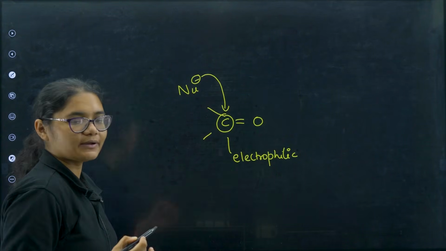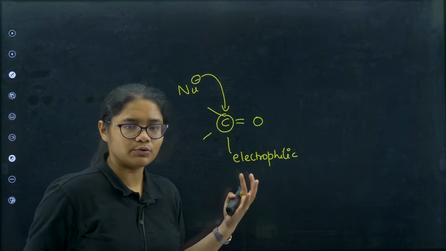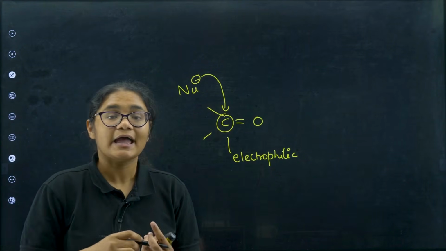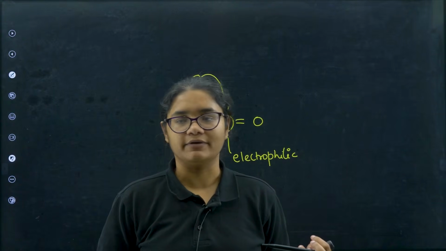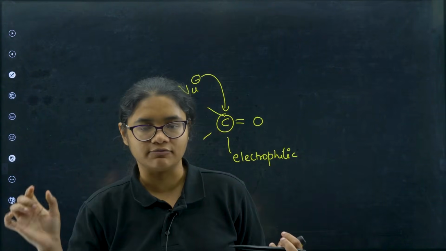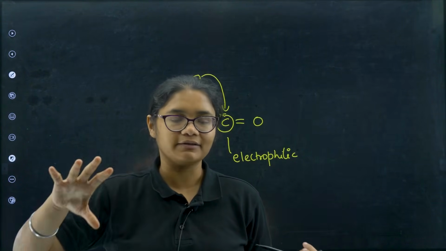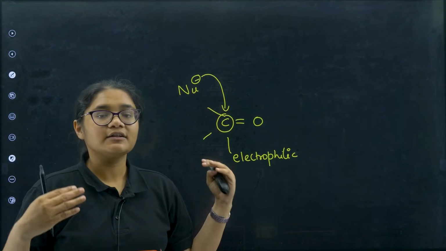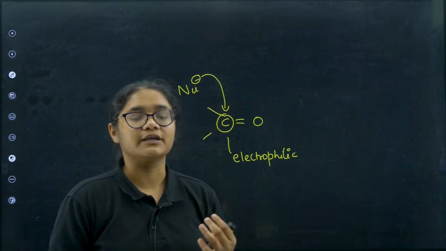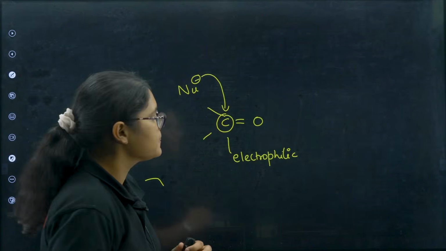There can be different nucleophiles, and we have studied this in haloalkanes. You remember RX was there, and we gave a list of nucleophiles. If this nucleophile comes, this product will form. Similarly, in this case also there are types of nucleophile which we are going to study in detail. Okay, so let us see them.